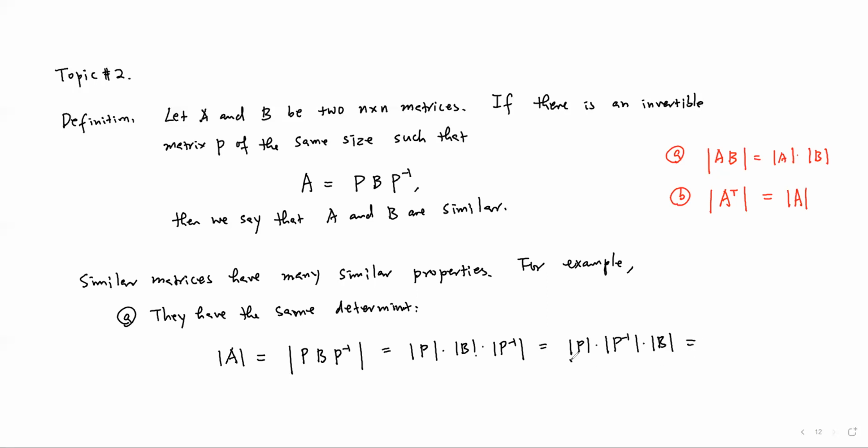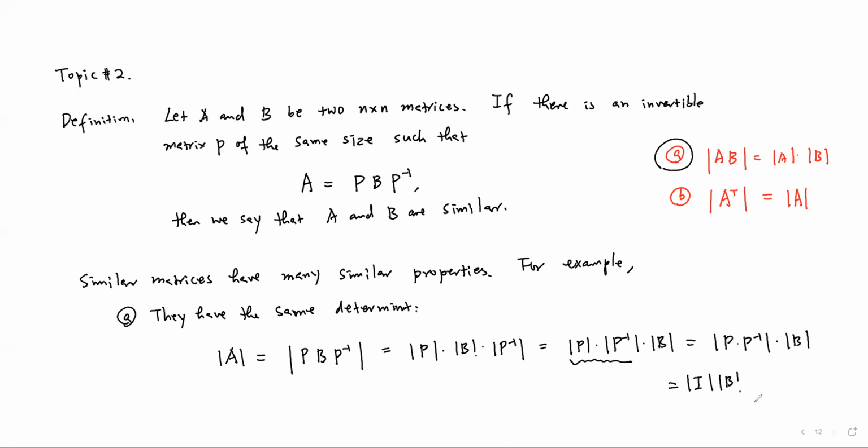But this number times this number by property A, P times B inverse determinant B. But P times P inverse is identity matrix.